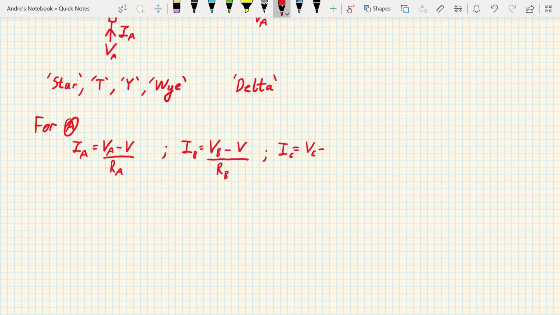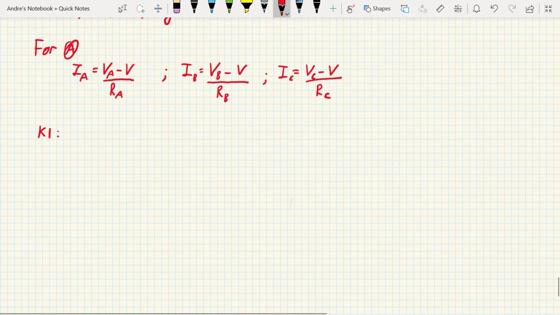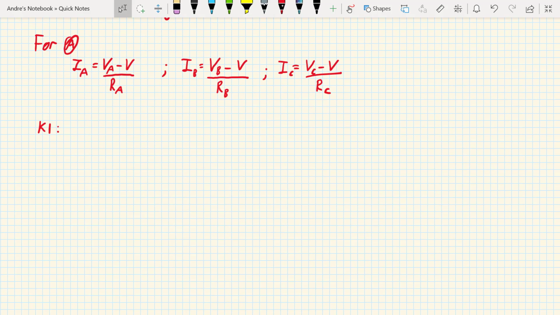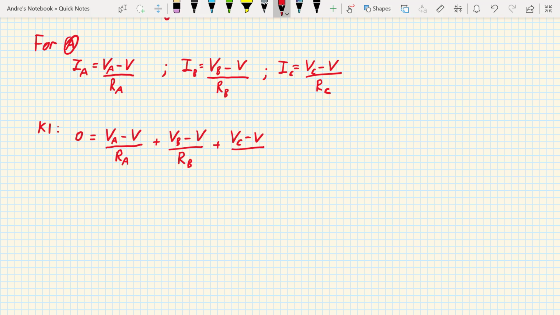Now that's fine, but the problem is that we don't know what V is. But what we do have is Kirchoff's first law, and that tells us that the sum of the currents going into the centre of the star sum to 0. In other words, IA plus IB plus IC is equal to 0. So therefore 0 is VA minus V over RA plus VB minus V over RB plus VC minus V over RC.